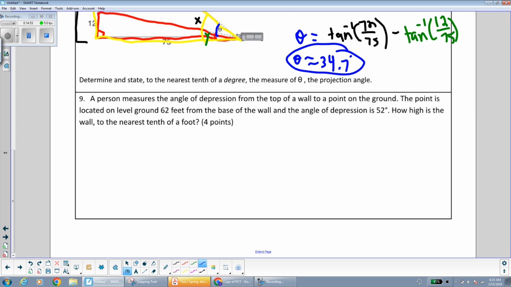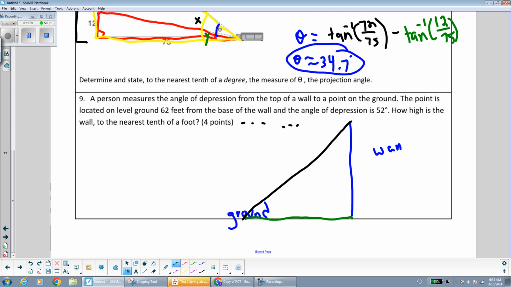So a person measures an angle of depression from the top of the wall to the ground. Remember that angle of depression is always outside the right triangle because it's the angle at which, if you were standing on top of the wall and looking down at the ground, you would be looking down at the ground.